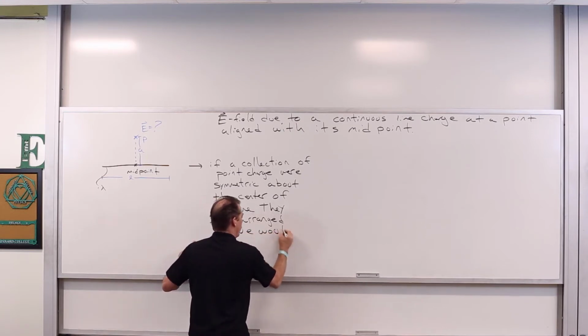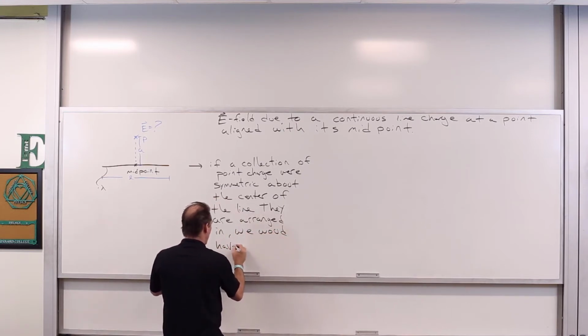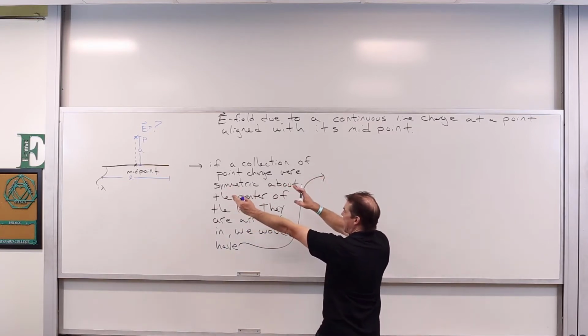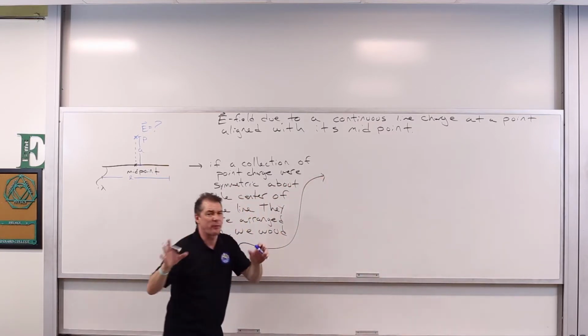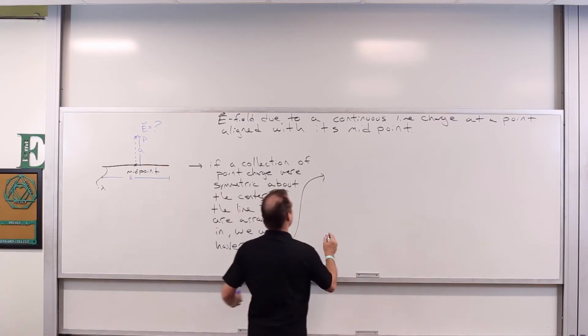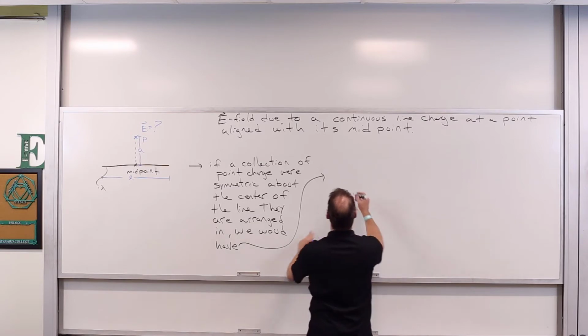We would have, whoosh, this. So we're going to take that continuous line charge and just think for a second about a collection of point charges that's evenly distributed on either side of some midpoint.